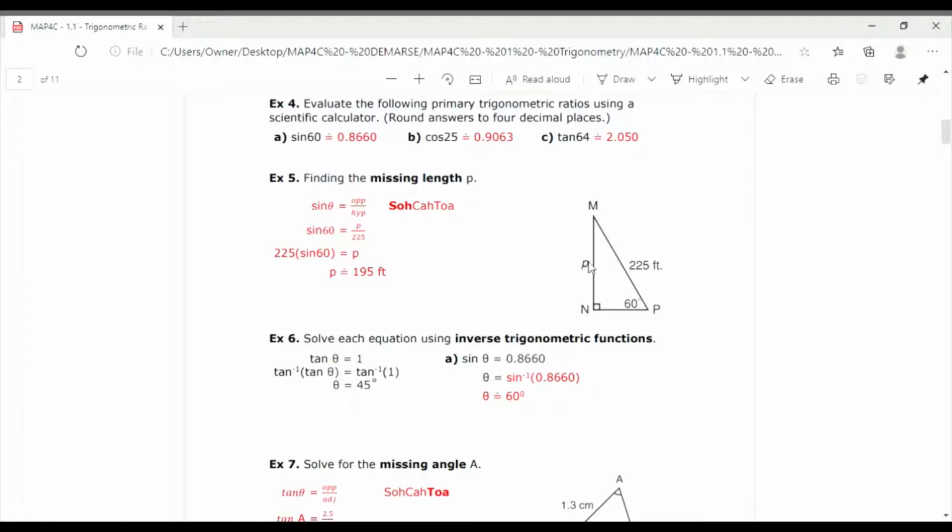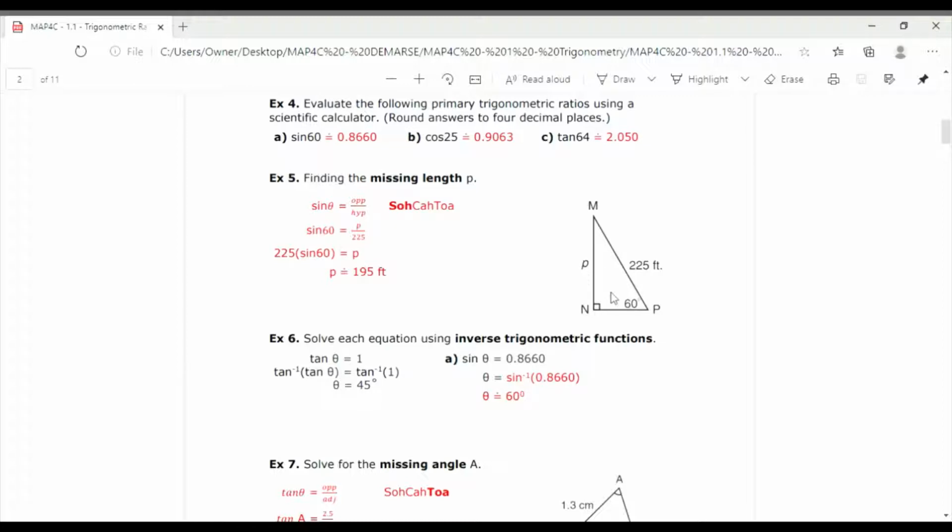Now to find P, the angle of 60 degrees is the angle we are going to be working with. Now we have 60 degrees as our angle, P. We also have the 225 feet. That's the hypotenuse length. I'm looking for the side lowercase p.